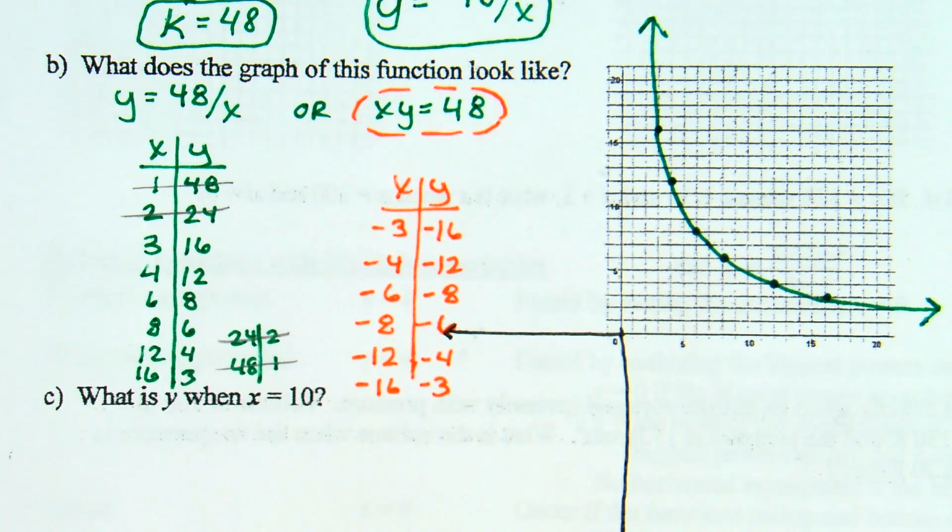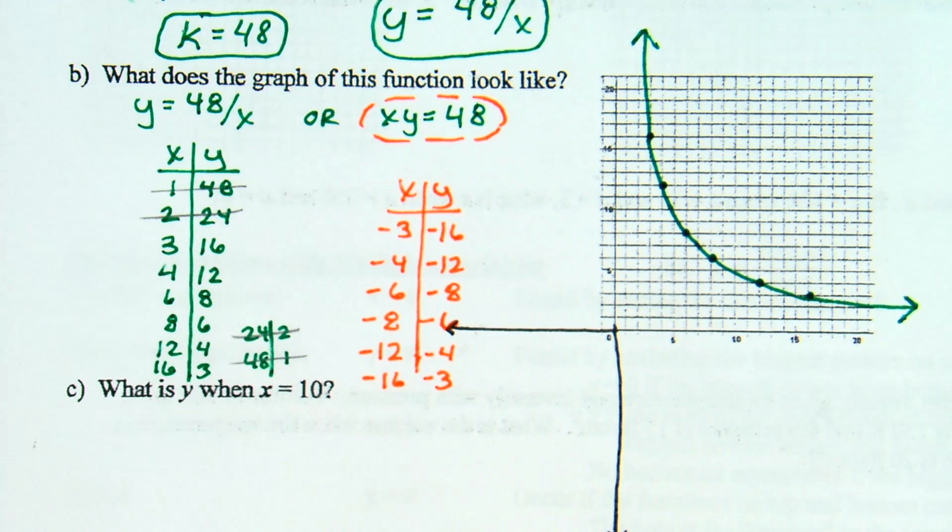And as it runs out to the right, it's going to get closer and closer to the x-axis, never crossing it, never touching it. What is the word to describe the x and y-axis? Asymptotes. Yep. And asymptotes is going to be a topic this chapter. So this is definitely something we'll have to work with.